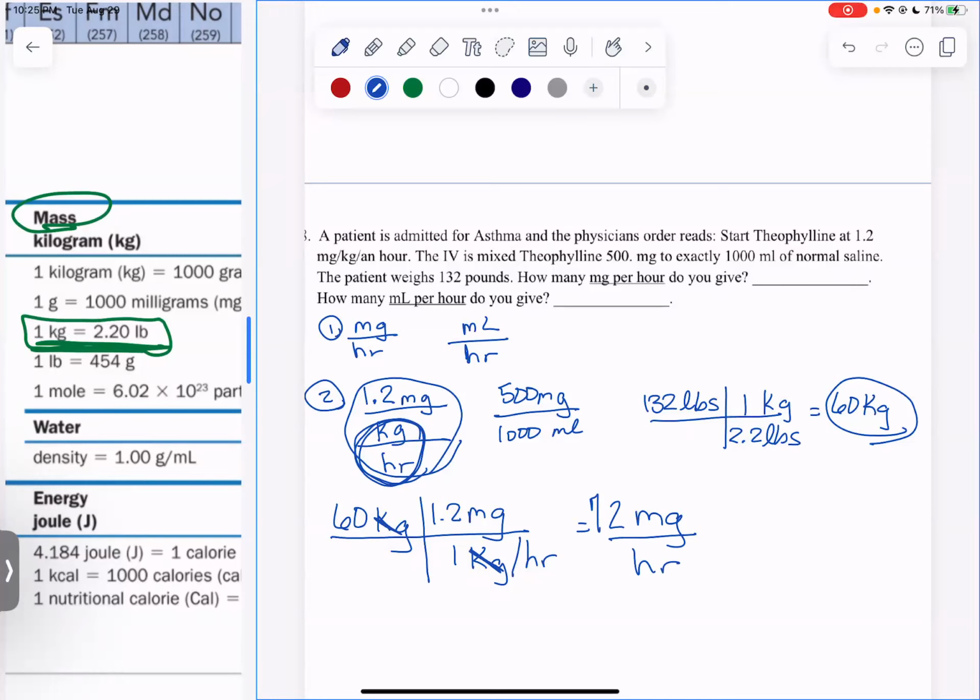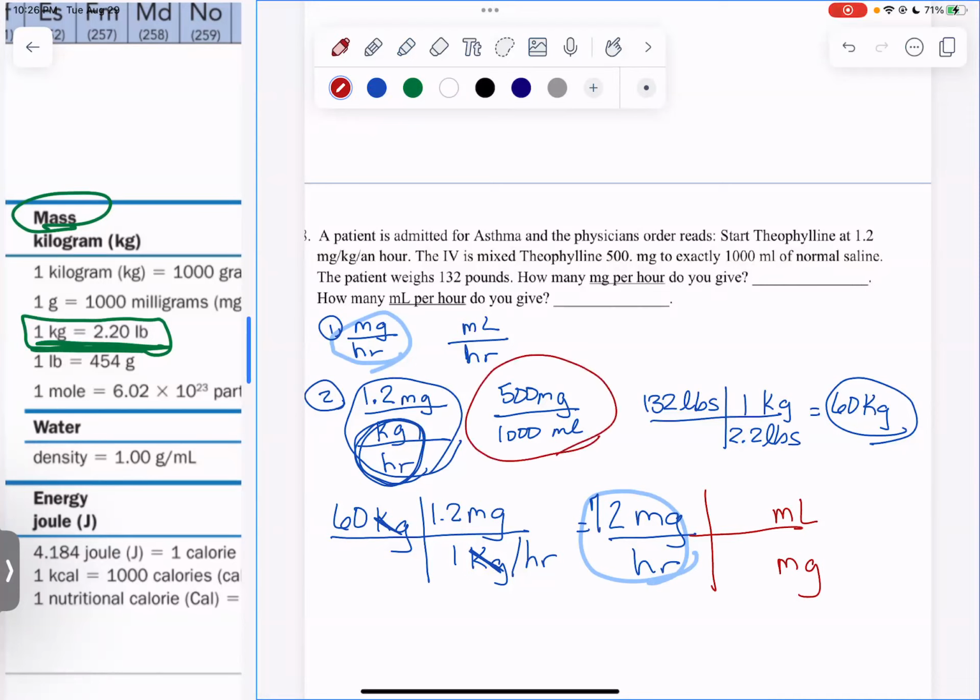Now I need to know how many milliliters per hour. So this one's answer is right there. I'm just going to keep working. I need to convert, and I want to get rid of my milligrams, so my milligrams is going to go on the bottom. And I want to go to milliliters. Do I have a conversion factor that will allow me to do that?